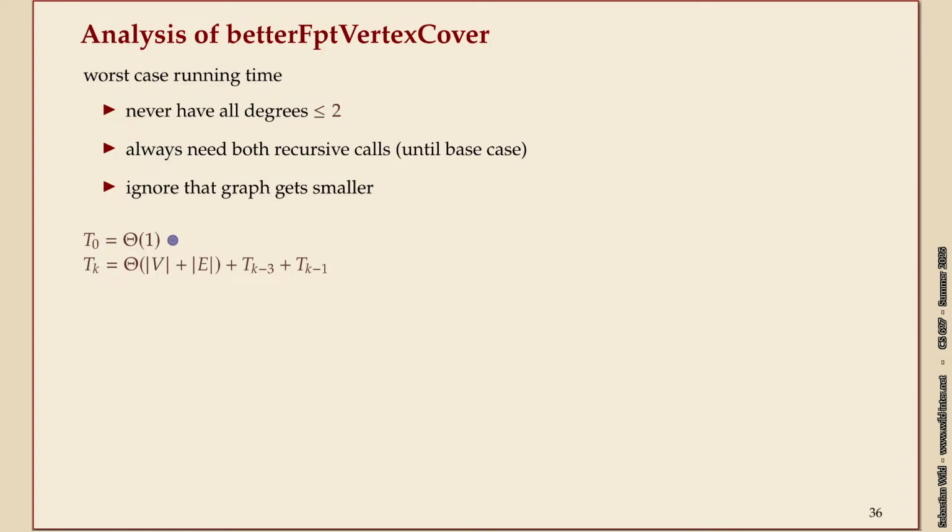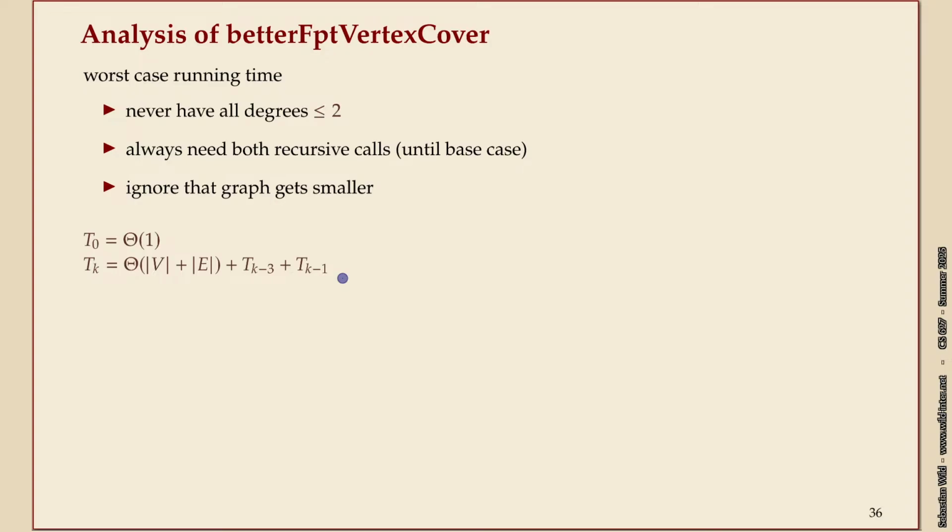That's just returning immediately. And for the general case, we assume we have to do some linear time, for example, for shrinking the graph or finding this largest degree vertex. So this will be linear in the original input size. And we have the 2 recursive calls, where we reduce the parameter by 1 and by 3, respectively.